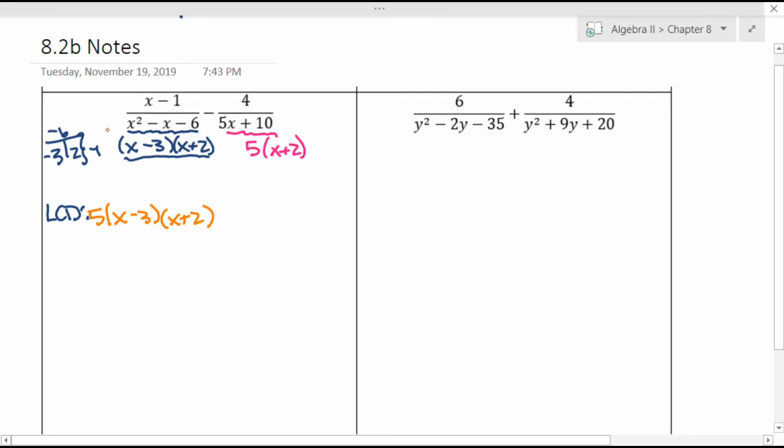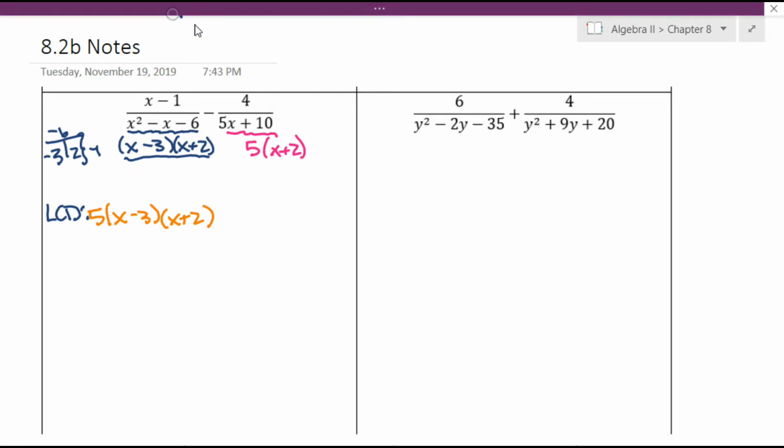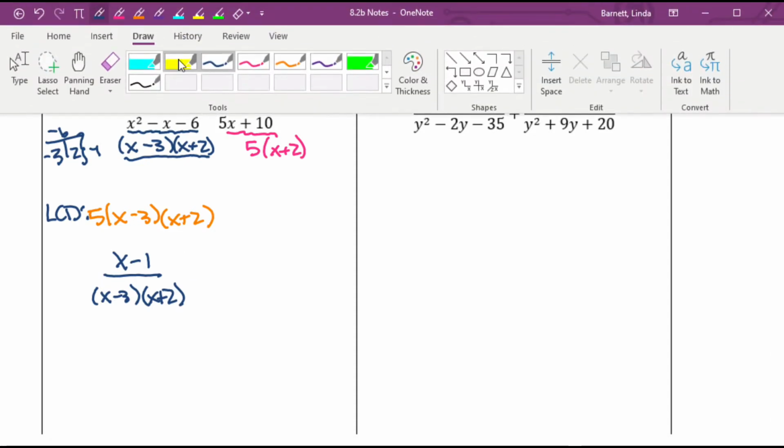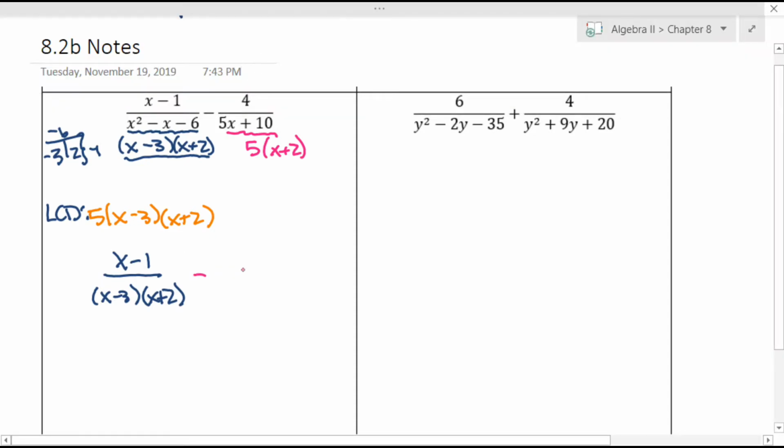So let's write it in factored form. The first one is going to be x minus 1 on top. It already has an x minus 3 and an x plus 2. And then my second one in factored form is going to look like minus 4 over 5 times x plus 2.